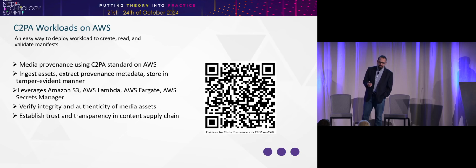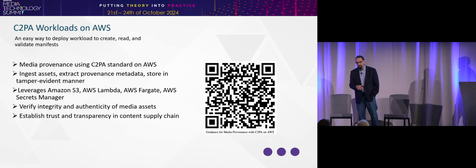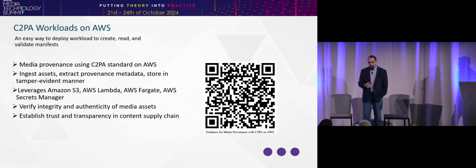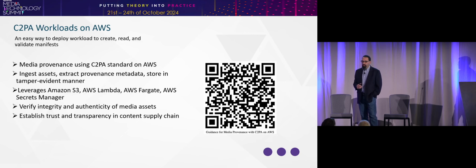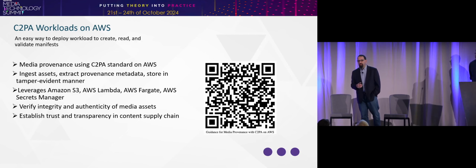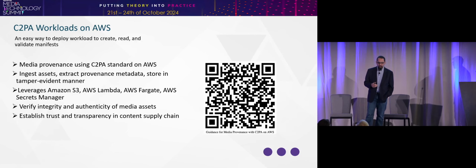It uses services under the hood such as Amazon S3 for storage, and AWS Lambda and AWS Fargate for compute, implementing a serverless media provenance solution based on the C2PA standard. So this allows them to maintain and verify the integrity and authenticity of their content, and provides the trust and transparency needed to combat misinformation in the digital landscape.